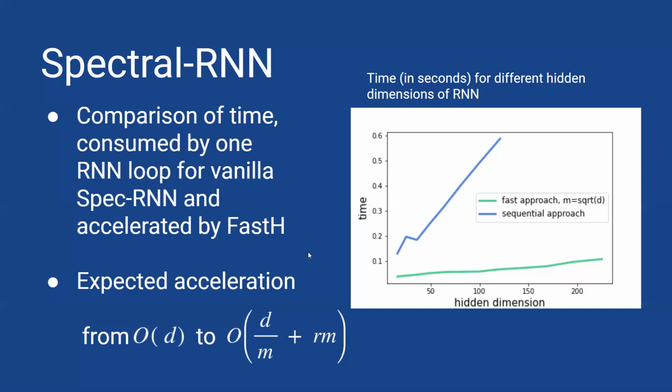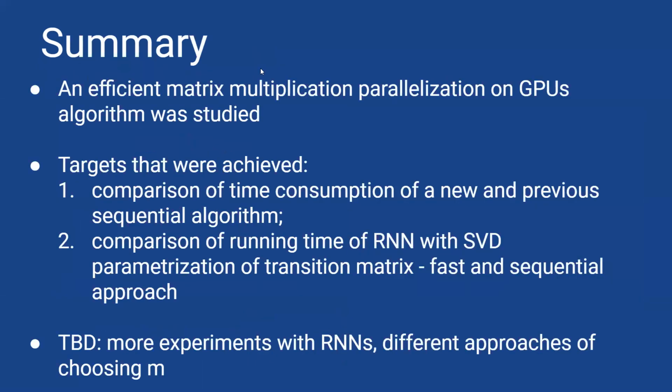So the expected complexity went from O(d) to O(d) divided by the square root of d. We can see that the slope of these graphs actually differs in this ratio. So the experiment gave expected results.